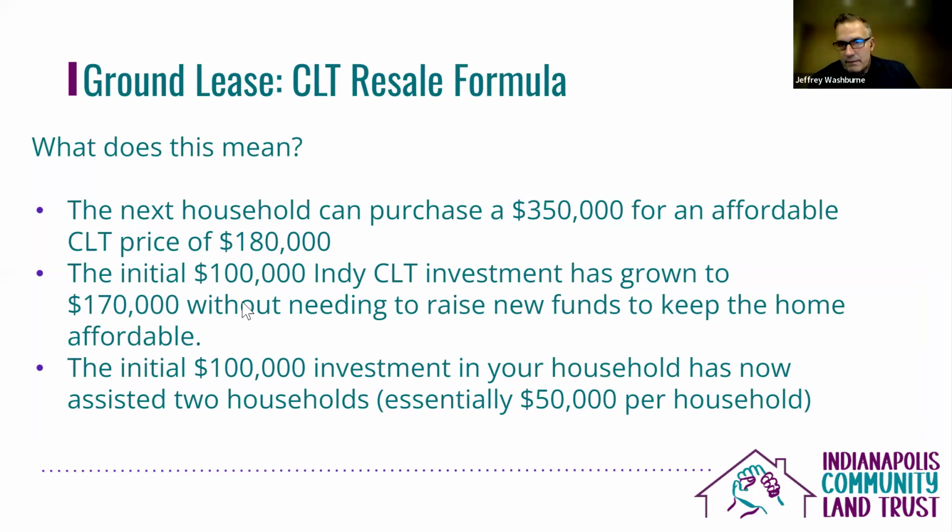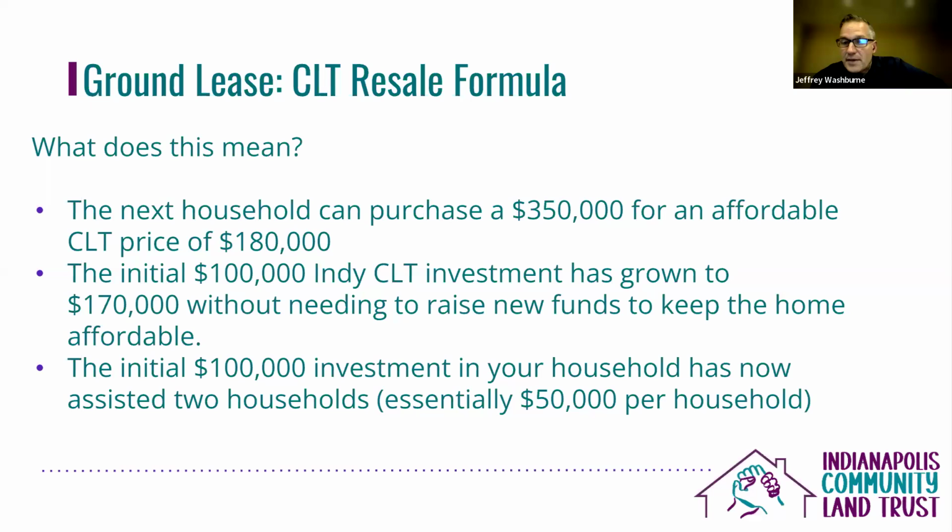So what does this mean? If you use the example from the previous screen, that means that the next buyer of the home that we purchased 10 years ago is able to buy this $350,000 property for $180,000. It also means that the Indy CLT invested $100,000 to help us purchase a home 10 years ago.